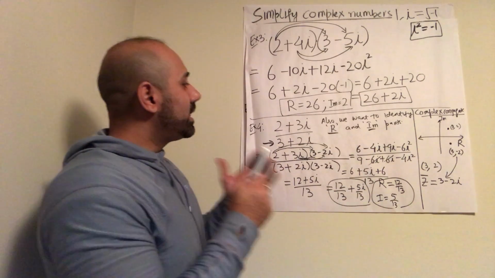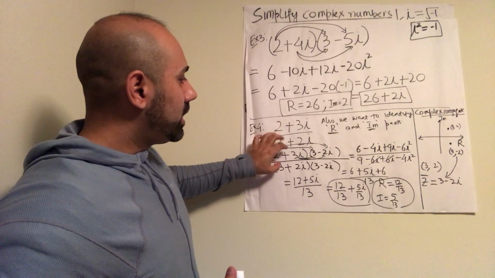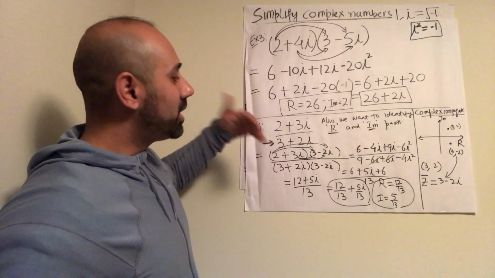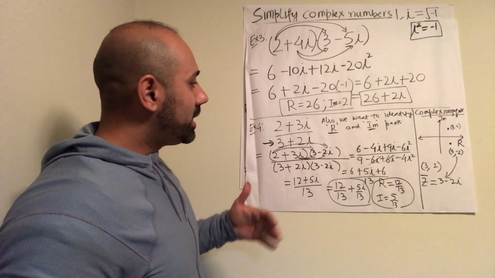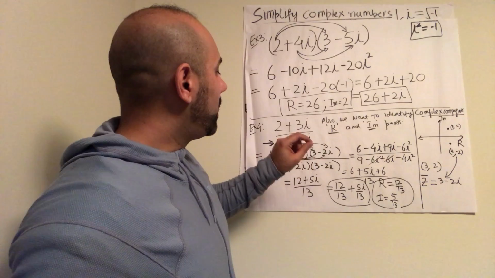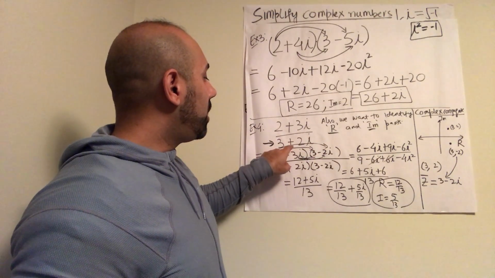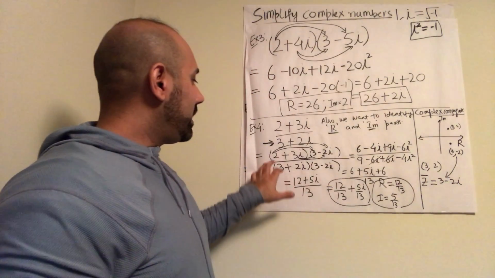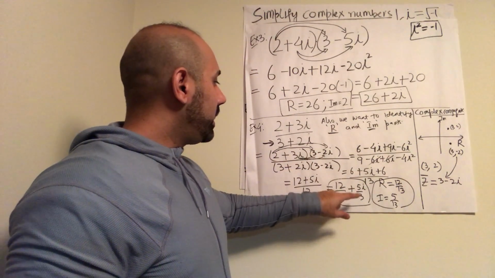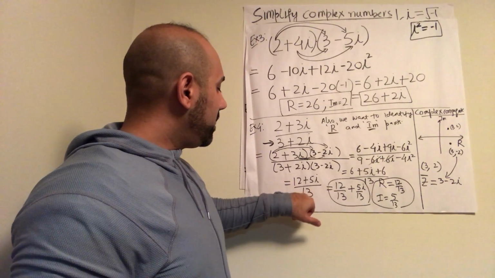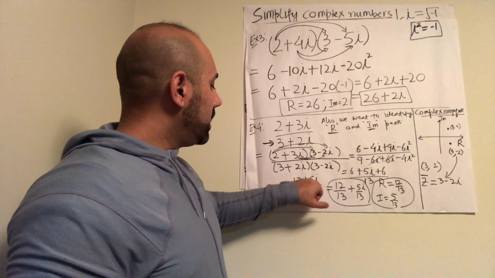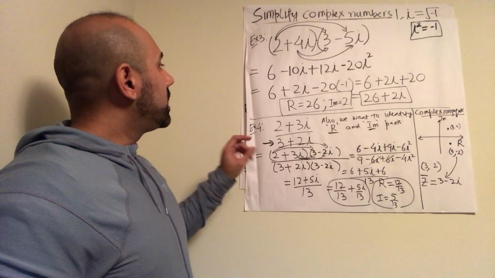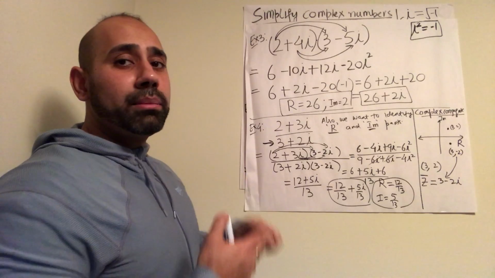So I can understand that division has more steps and is more rigorous than any of the other procedures, multiplication or addition and subtraction, but it requires us to be careful with multiplying the complex conjugate, understanding what a complex conjugate is, and then simplifying, combining like terms, and finally dividing both these terms separately by the denominator, and finally we have the real and imaginary parts. So these are the 4 types: addition, subtraction, multiplication, and division.